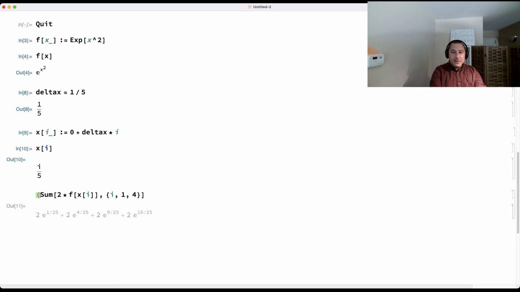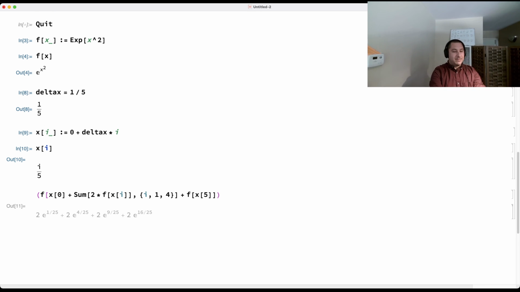Now, what else do you need to add to that? f of x0. You also need to add to it f of x5. Okay, then do you see how I have parentheses around it?